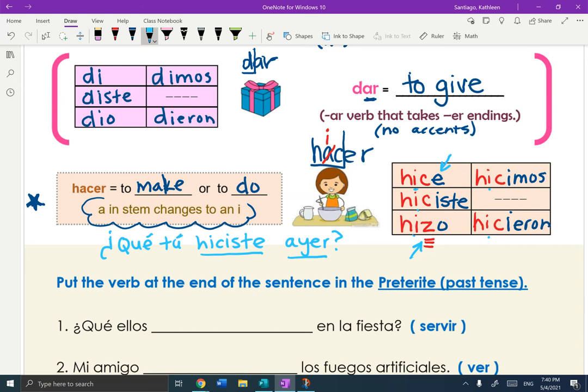Now, hacer frequently does not end up in your answer because you're not going to say, I did, I swam. I did, I ate. You're simply going to say, yo comí en el restaurante. So you need to understand it for the question and know that it probably is not going to be in your answer. Unless you did your homework, then you can say, yo hice mi tarea.